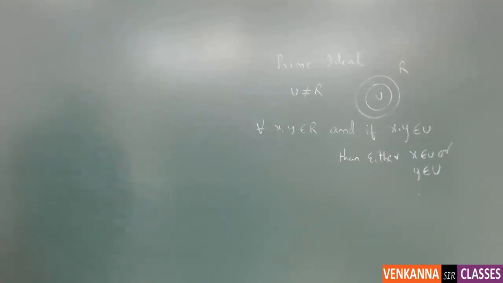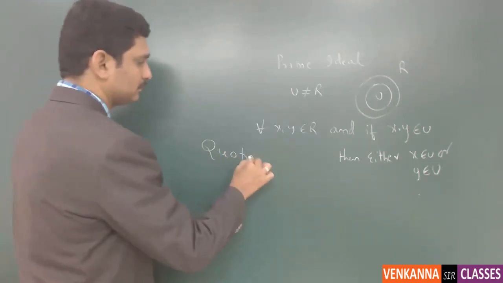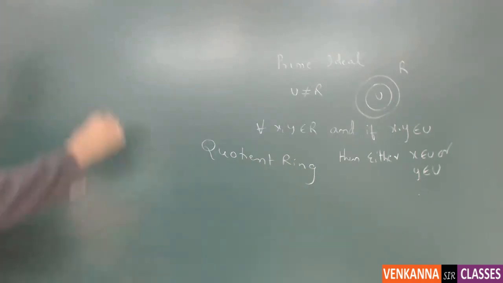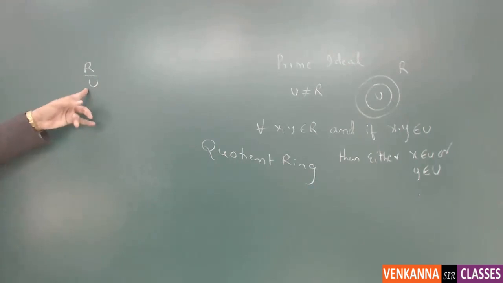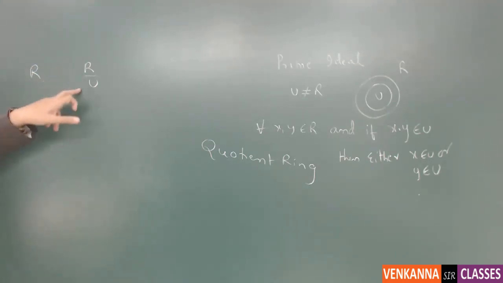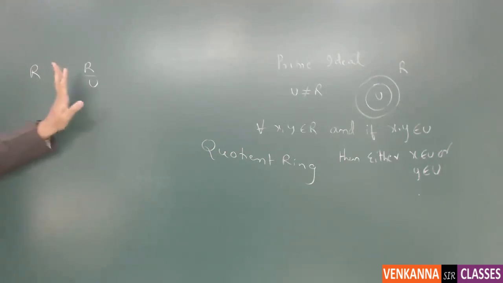Now the interesting thing is, as we discussed about the quotient ring, whenever you take the quotient ring, it has many similarities with the ring R. Since R is a ring, R by U is a ring; R is commutative, R by U is commutative; R has a unity element, R by U also has a unity element, and so on.